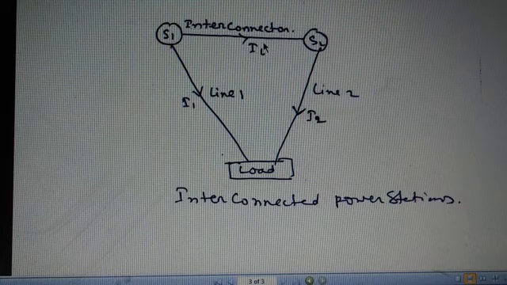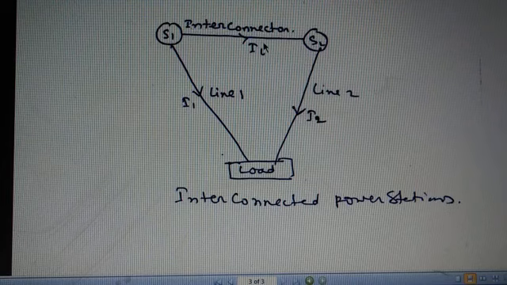Since the local loads are also connected to the power stations S1 and S2, the voltages of their buses have to be maintained constant at the same value as for the consumers at the load. In order that both transmission lines 1 and 2 deliver equal power and the system operates at the same terminal voltage, it is necessary that the active components of the line currents I1 and I2 are equal.